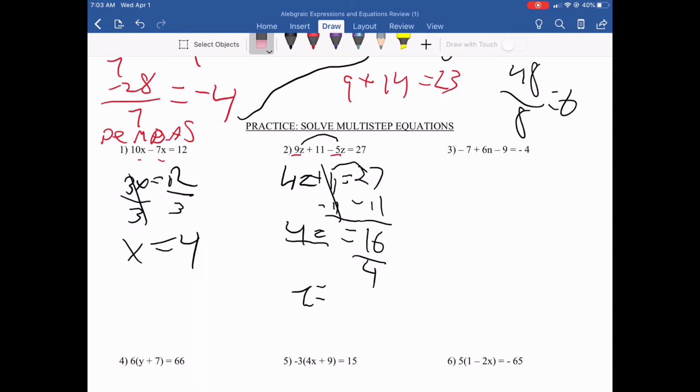All right, you know what? I'm just so unsure today. Let me put it in just to make sure. So z, I solved for z is 4. Put 4 in the equation. 36, because 9 times 4 is 36. So 36 plus 11 is 47.